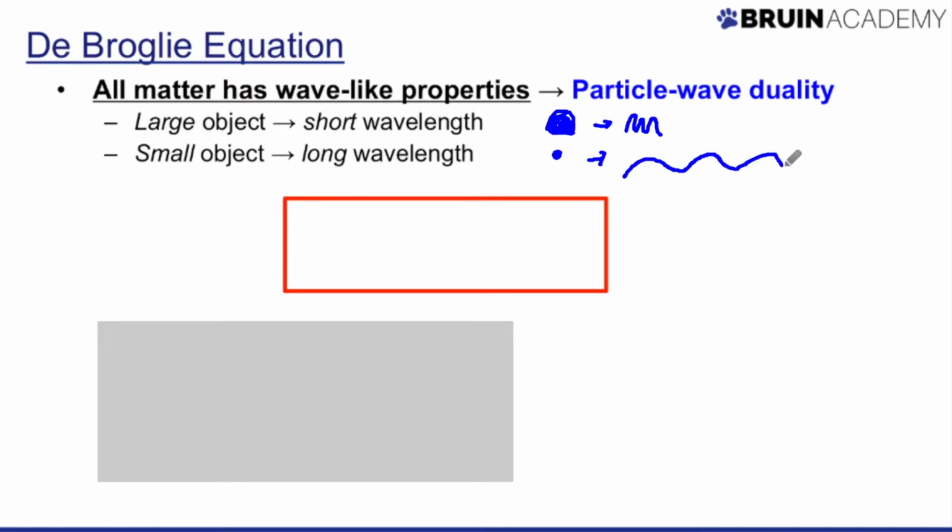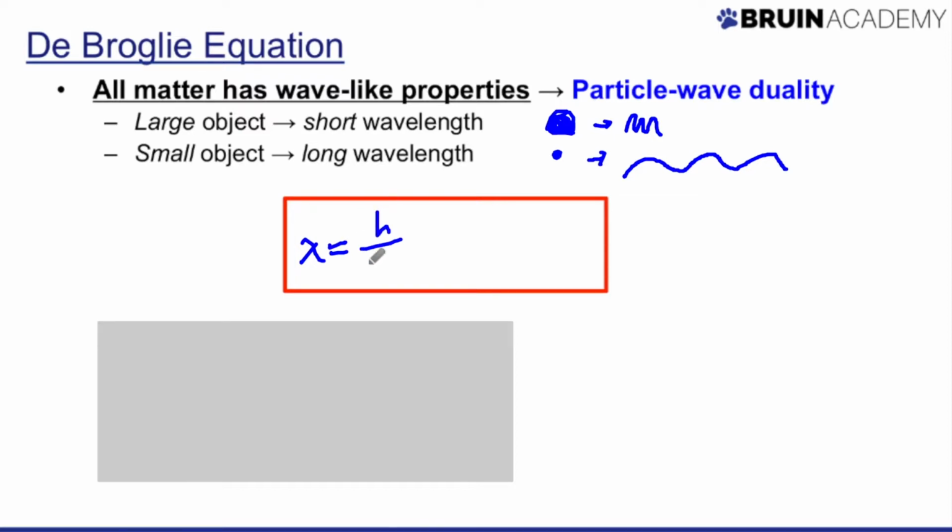And that's why historically we typically don't have to worry about wavelengths for very large objects, because they're so small. But it's important to keep in mind that anything like a baseball or even you running along a track has a wavelength.